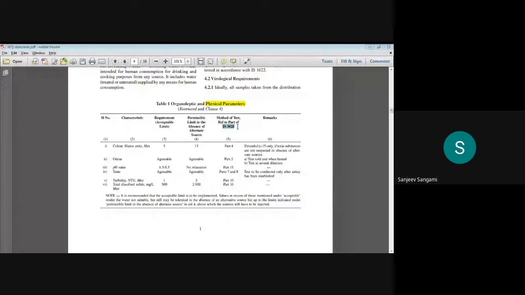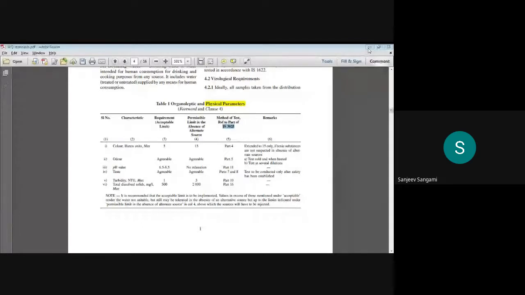For each of these water quality parameters, there are different methods. The main code is IS 3025. Remember, whichever code you consider, it will be the IS 3025 series. In IS 3025 series, you have part 1, part 2, part 3, part 4, up to part 50.